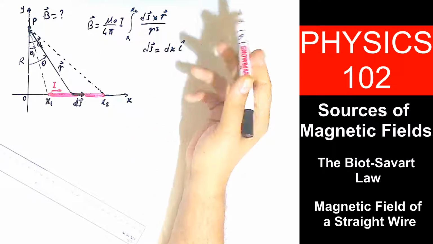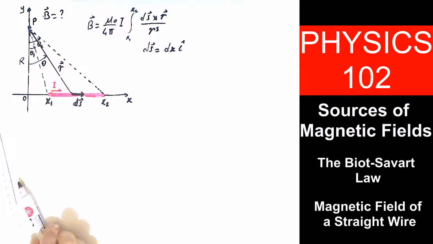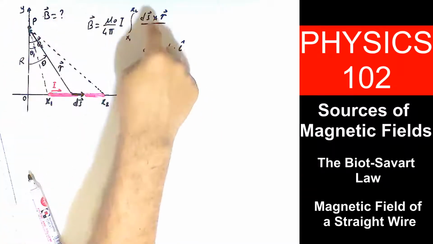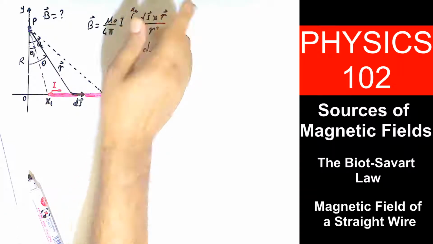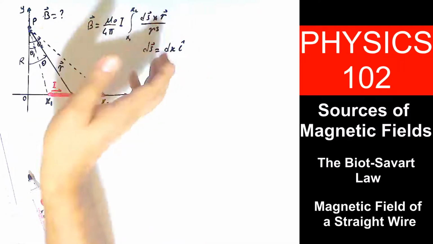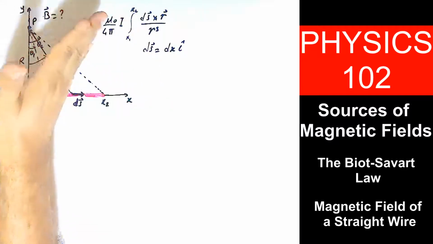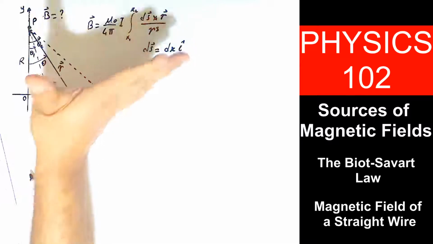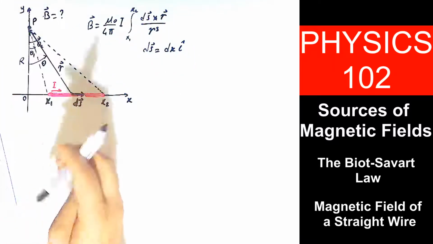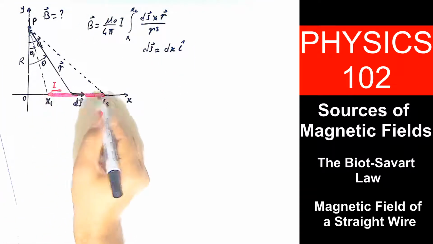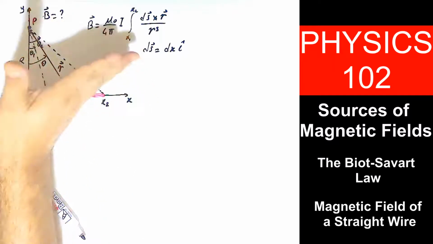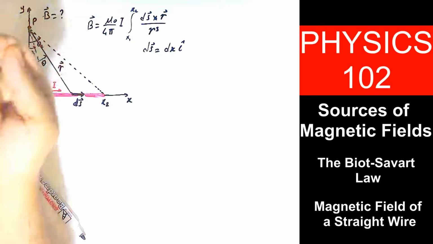If you apply your right hand rule, you always take the four fingers in the direction of the first vector, and your palm is toward the second vector, and your thumb will show you the direction of the cross product. Wherever you take this ds vector, either over here or anywhere in between, you will notice that this cross product always points out of the page.